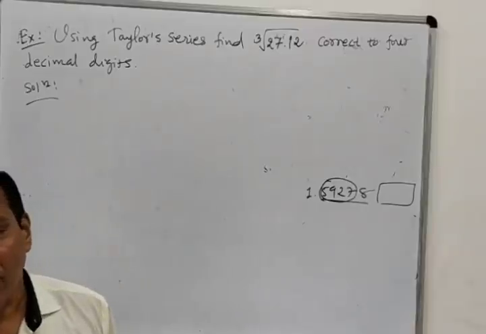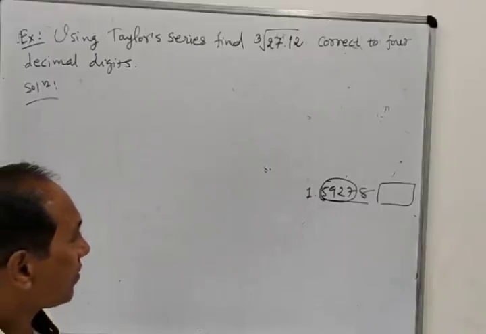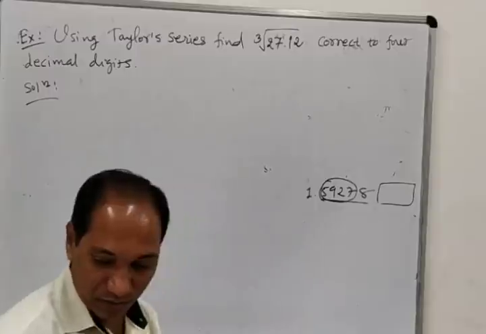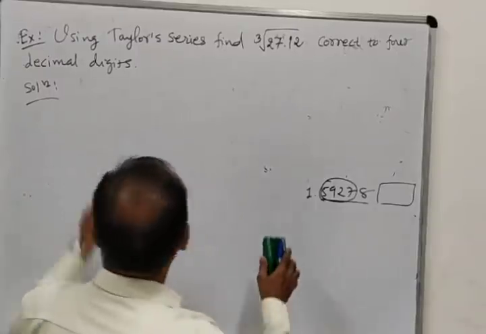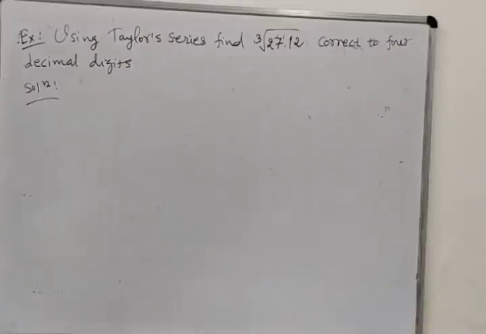They are finding up to 5 digits because the 5th digit will get rounded off. So this will fluctuate, but the earlier digits will not fluctuate. So whenever correct to 4 decimal digits is asked, you can fix your calci for 5 decimal digits. Okay, so you have understood this concept also.